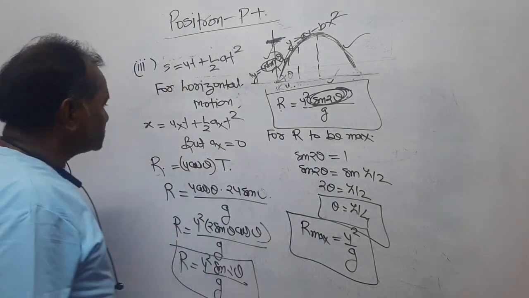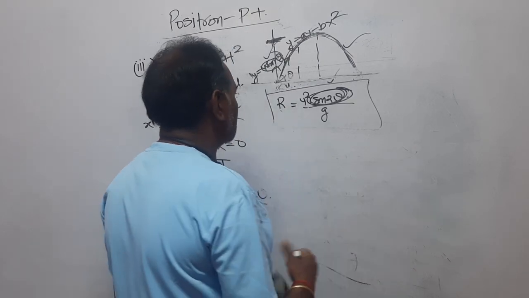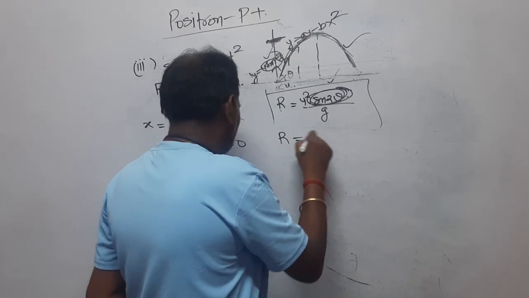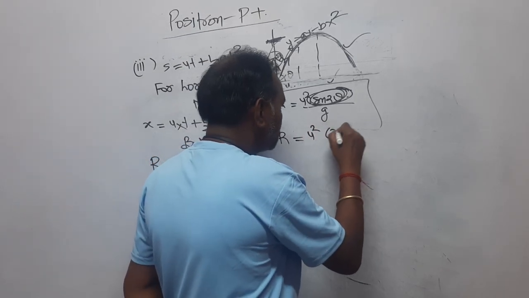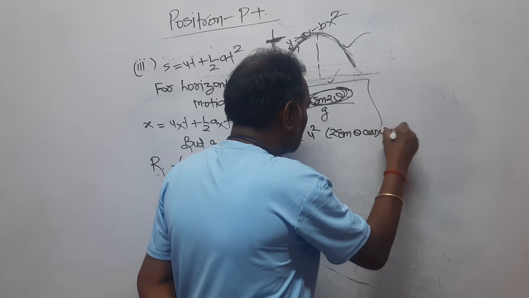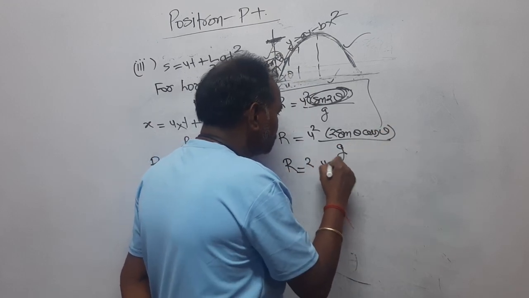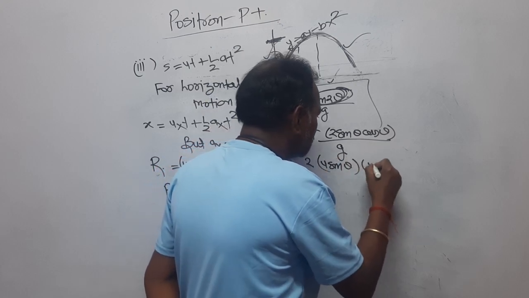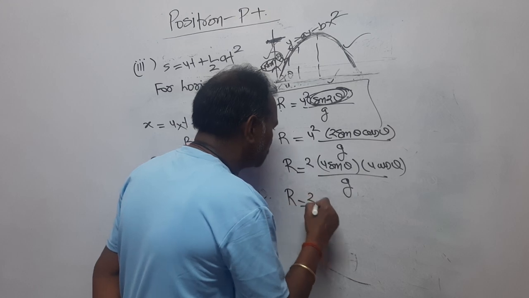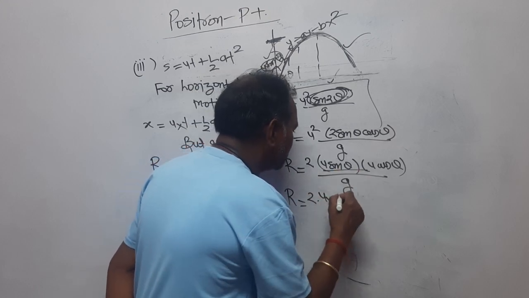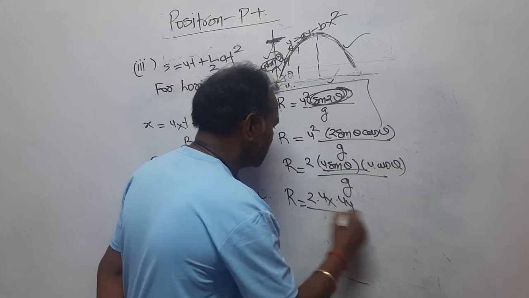Now dear students, this range can also be written in some very important terms. You have written that R is equal to u square 2 sin theta cos theta upon g. You can write this as R is equal to 2 u sin theta, u cos theta over g, or R is equal to 2 ux uy upon g.